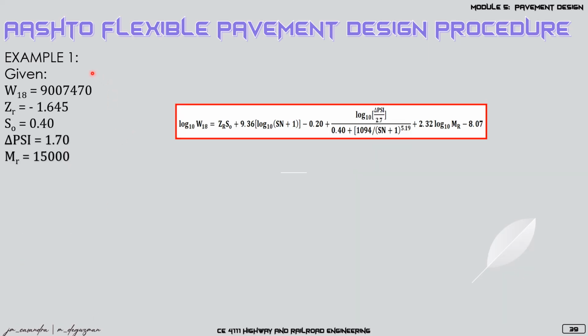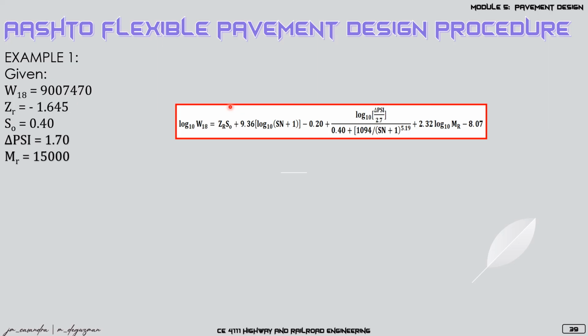Since we were able to compute the accumulated traffic on the pavement equivalent to W18, and also using the summarized givens from the problem, we substitute these values in our equation.